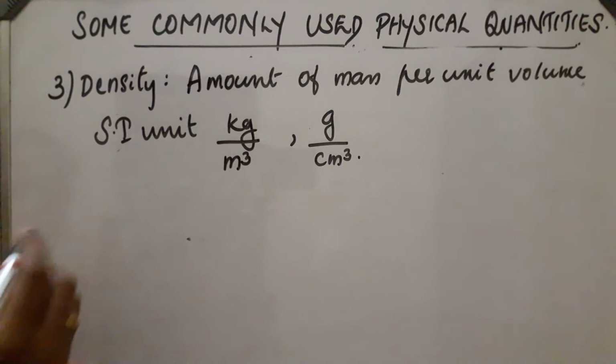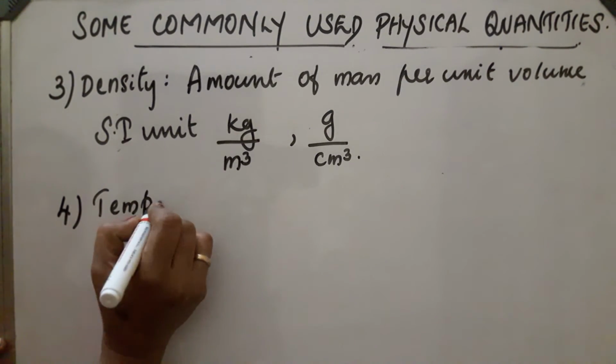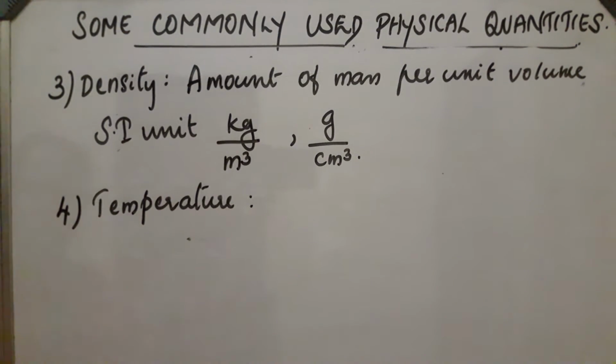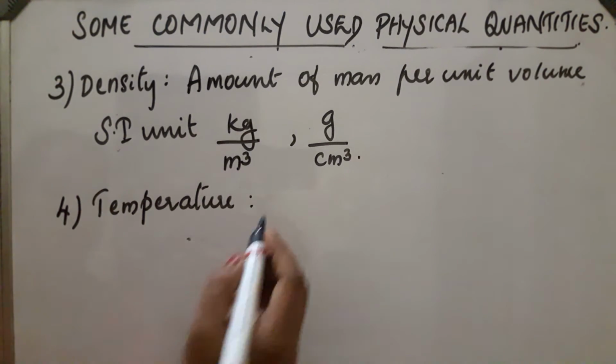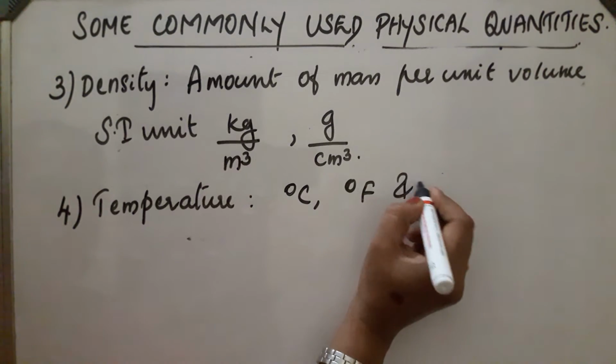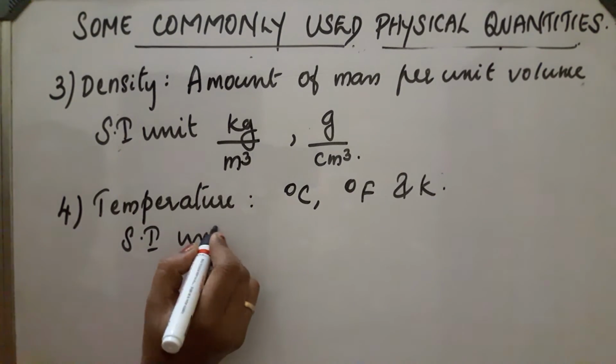Next, the fourth one, temperature. In the case of temperature, we use different scales. Three common scales are degree Celsius, degree Fahrenheit and Kelvin. The SI unit is Kelvin.